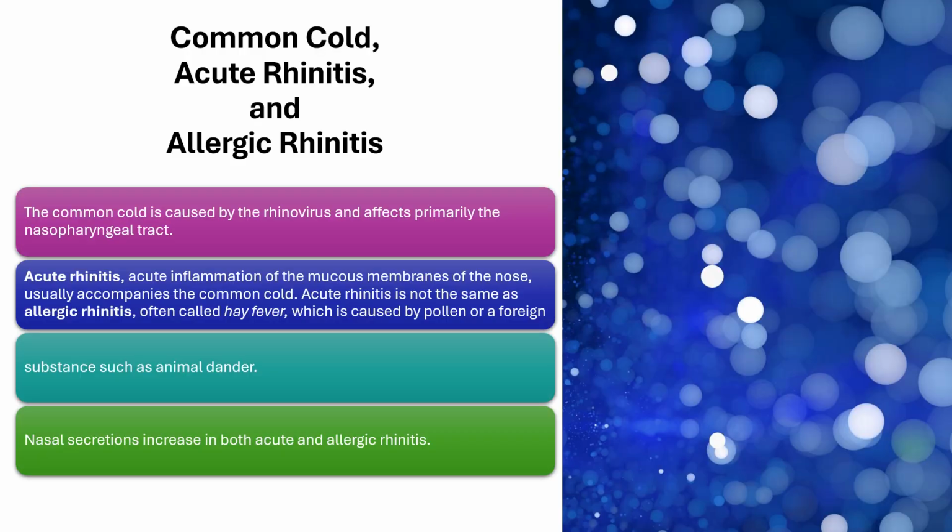Now, allergic rhinitis, or hay fever, is the inflammation of the nasal mucosa due to exposure to allergens, and although not life-threatening, allergic rhinitis is a condition affecting millions of patients, and pharmacotherapy is frequently necessary to control it.